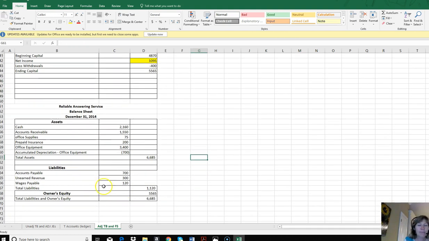Then I listed all my liabilities from right up above, got my total liabilities, and then got owner's equity. It's very important to remember that owner's equity came right from the statement of owner's equity, flowed right to right there. So it's ending capital. And then I checked to make sure that my total assets equaled my total liabilities and owner's equity.